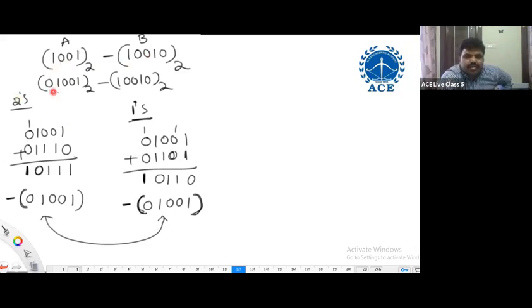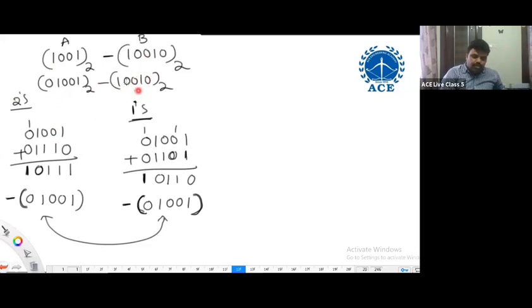A, B. So A minus B. First, what we do? A plus 2's complement of B. In 2's complement method, 2's complement of B. So 0 as it is. See here. Right?